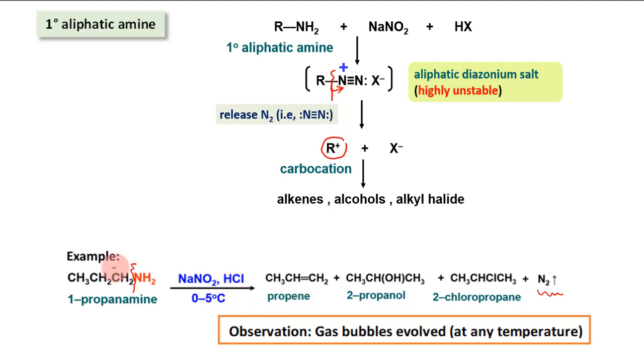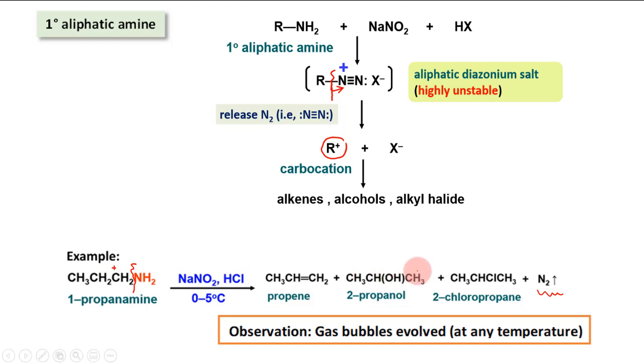And then imagine over here, I have my positive carbocation. Because this is a primary carbocation, I'm going to do rearrangement so that I produce a more stable secondary carbocation, which then will react with H2O to generate this propanol. So take note of the position of your OH group at the second carbon here after rearrangement.